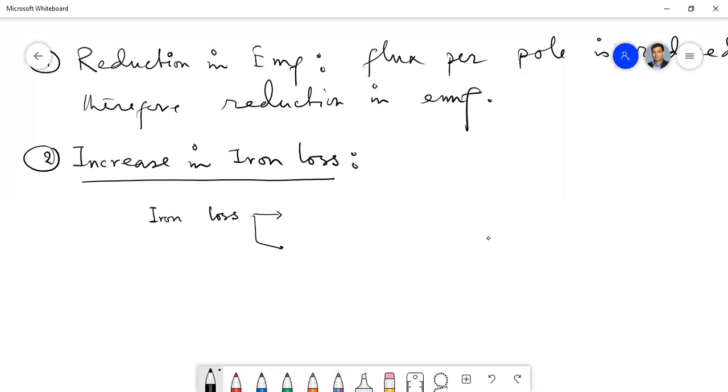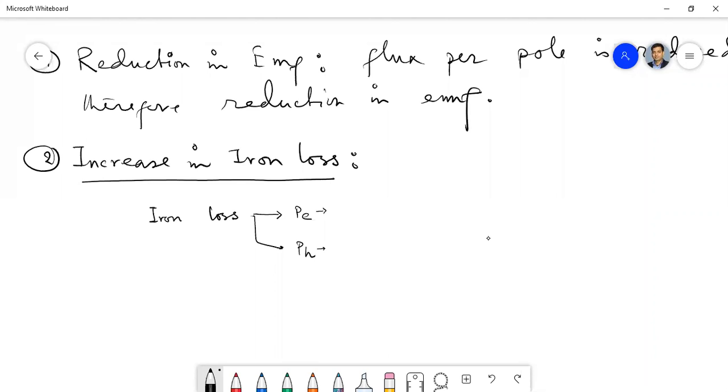Anyway, for iron loss, you know there are two types of losses: eddy current loss and hysteresis loss. Now what are the things on which eddy current loss depends, and on which the hysteresis loss depends?